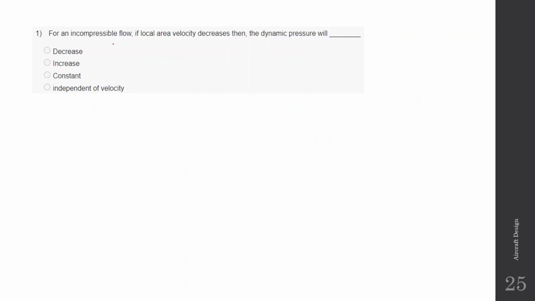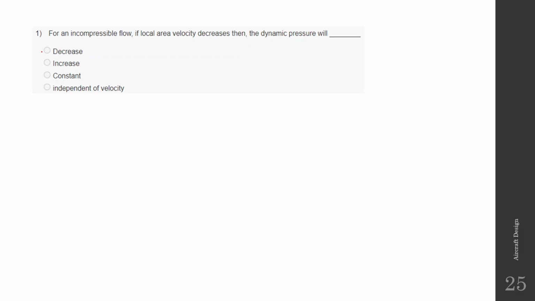This is the first exercise: for an incompressible flow, if local velocity decreases, what will happen to the dynamic pressure?